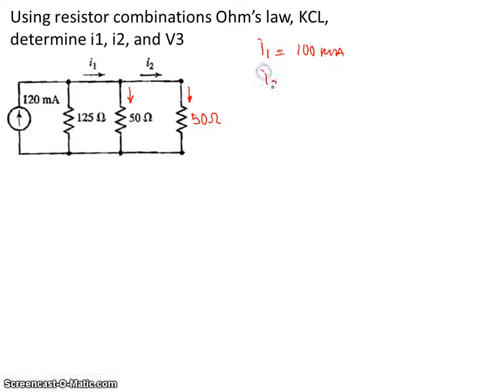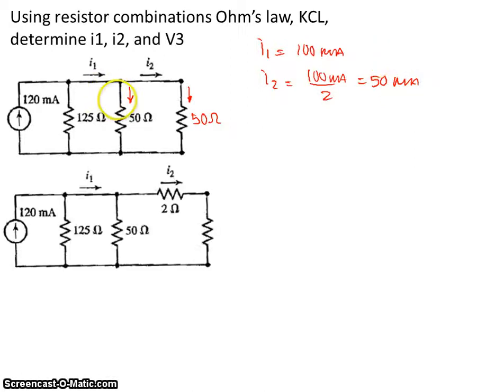So I sub 2 should be equal to 100 milliamps divided by 2, or 50 milliamps. If we expand this further, if you remember, this was 2 plus 48 ohm resistor like that. I sub 2 still is 50 milliamps.